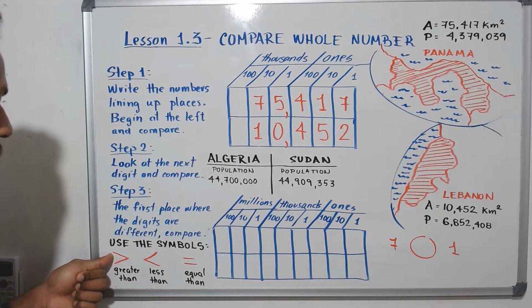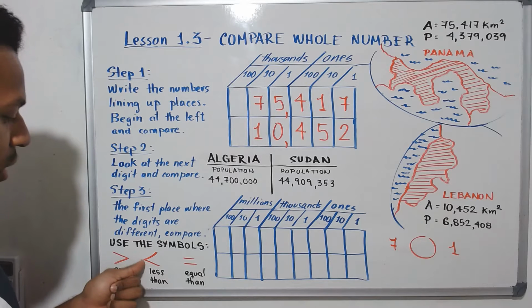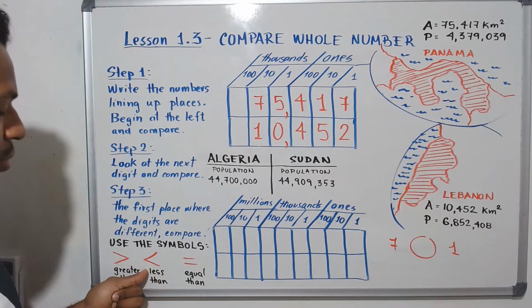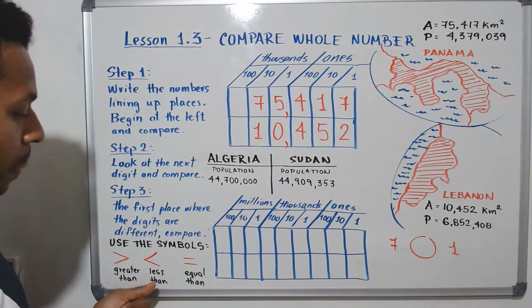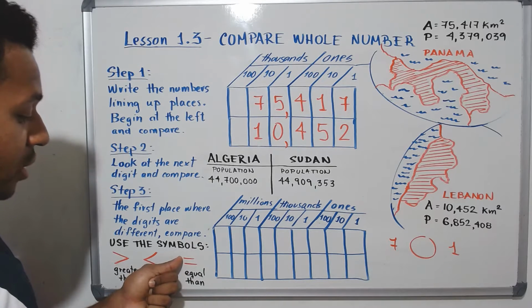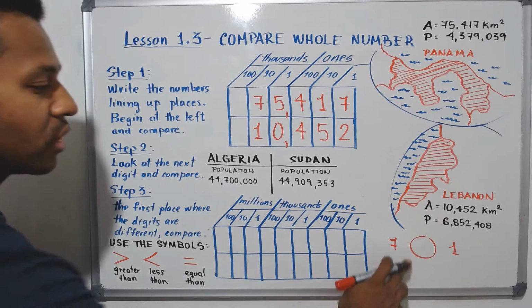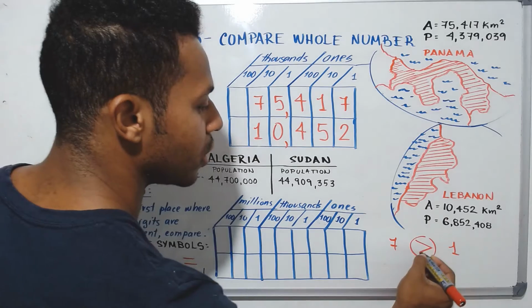This symbol with the open side means greater than. This symbol that starts with the closed side means less than. And this symbol with parallel lines means equal to. 7 is greater than 1.